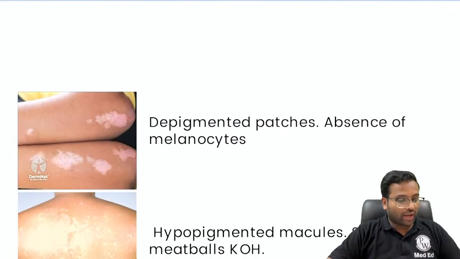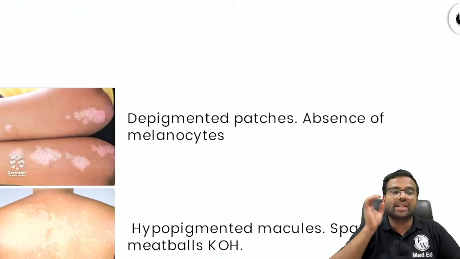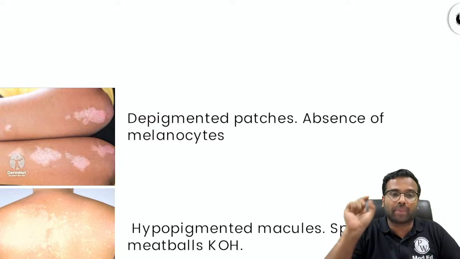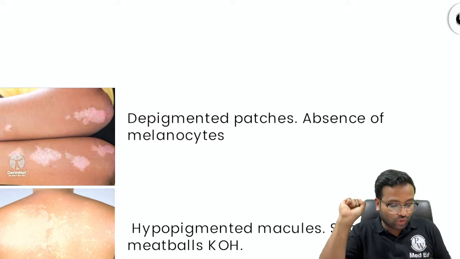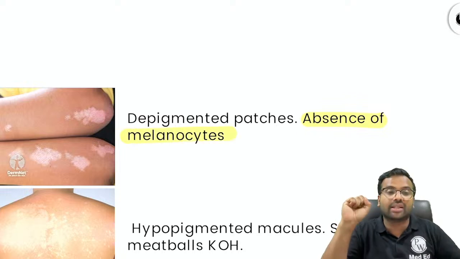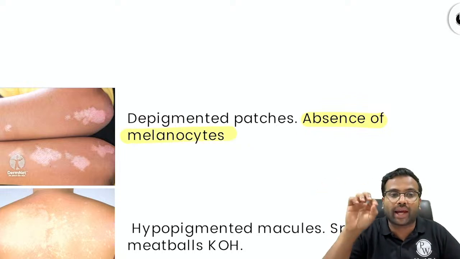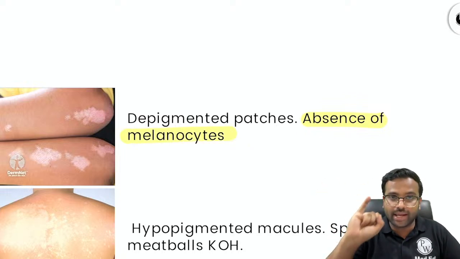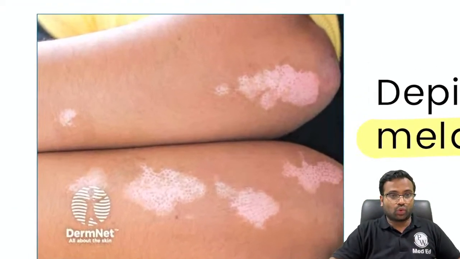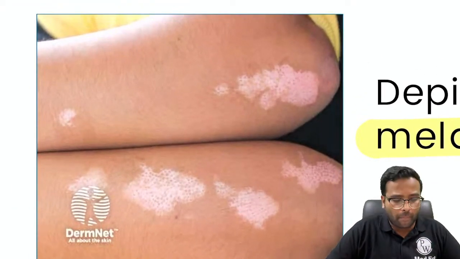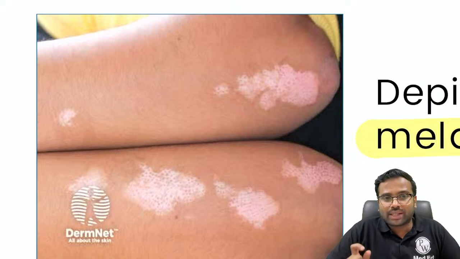In the next one, the clue for you is these are depigmented patches in the skin. And very importantly, there is one more clue which says that there is an absence of melanocytes. Depigmented patches, absence of melanocytes. Let me zoom this image for you. Whenever we see any image, please try to describe.